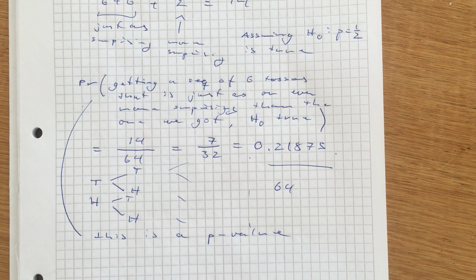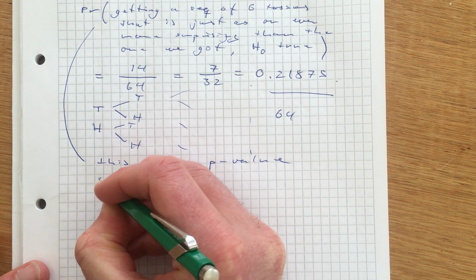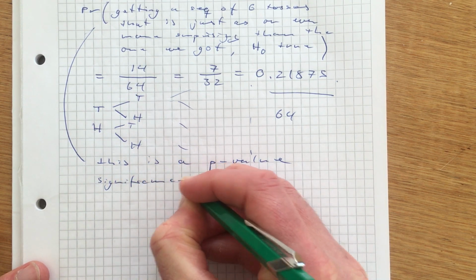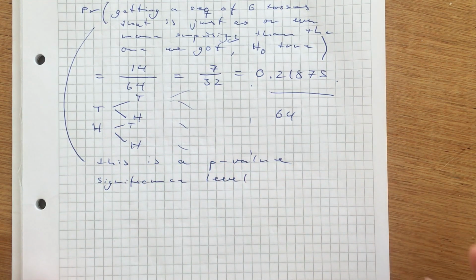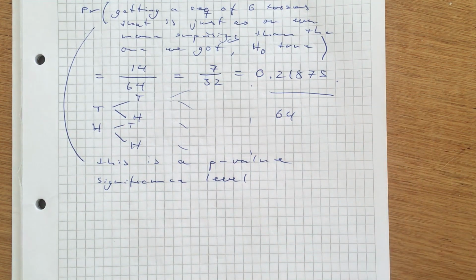A significance level is the maximal probability of rejecting a null hypothesis when the null hypothesis is true.